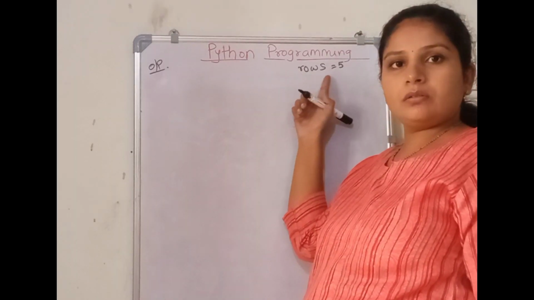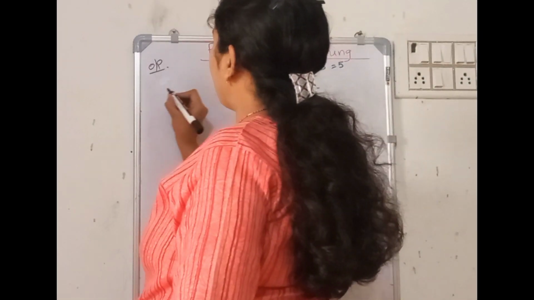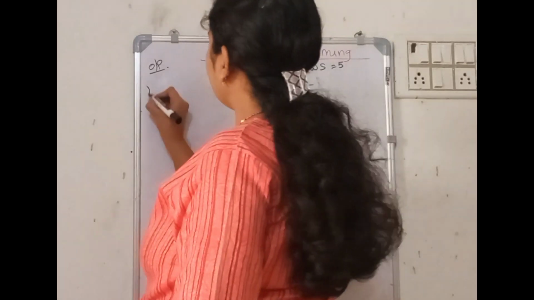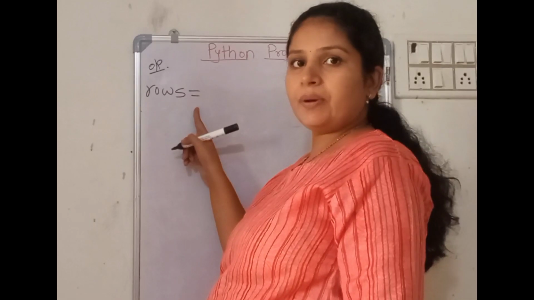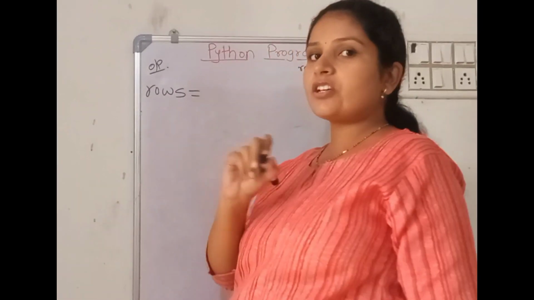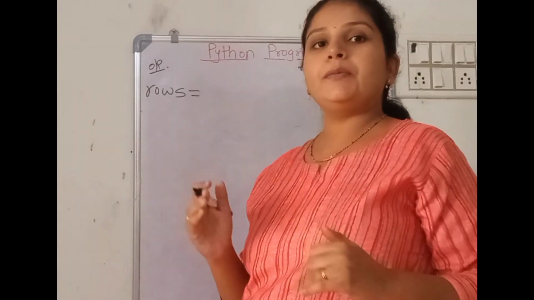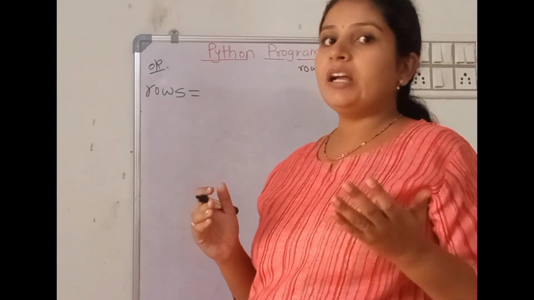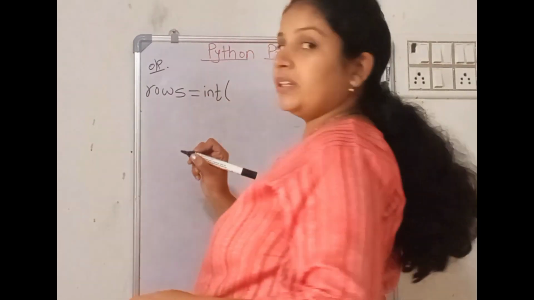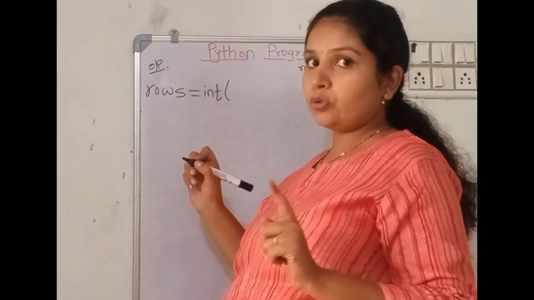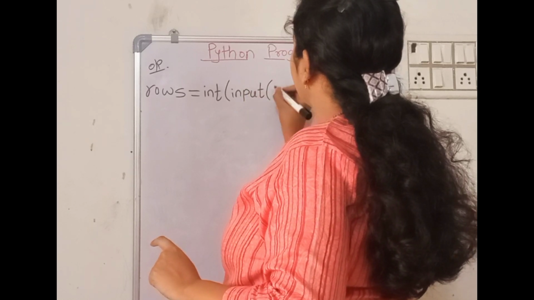We will keep the variable name as rows for better understanding. So how to write that statement? Rows, this will be our variable name. Then the integer function, because by default whatever input we take from the user will be taken as a string if we don't use the integer function. So integer function, open the bracket, and since you are taking the input from the user, your second function is input.